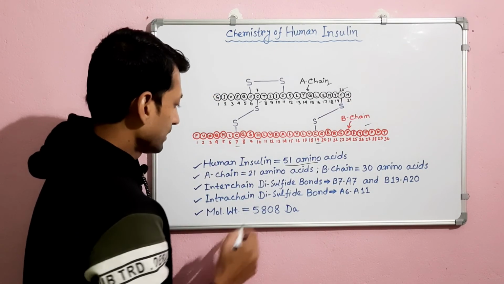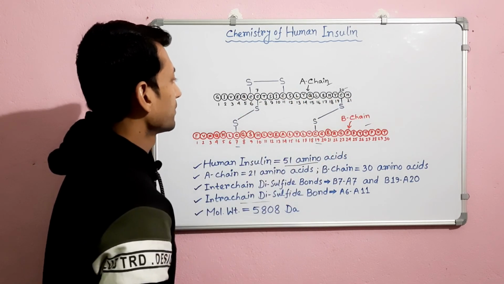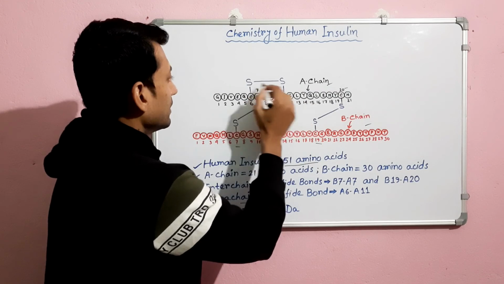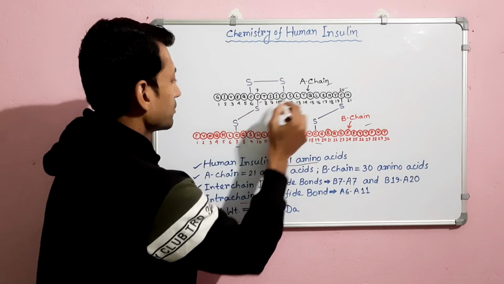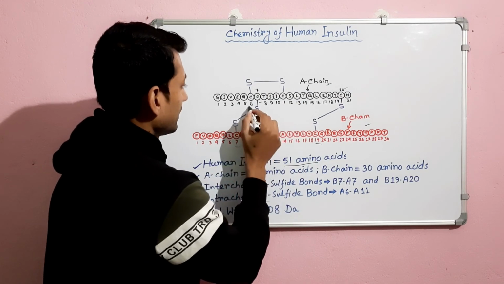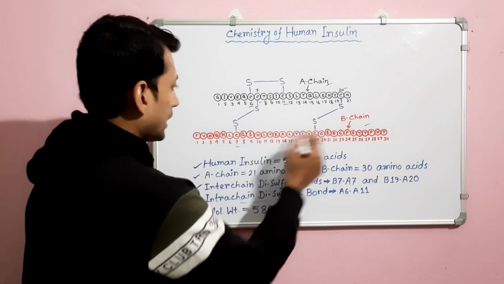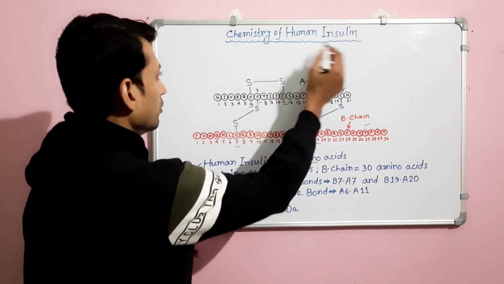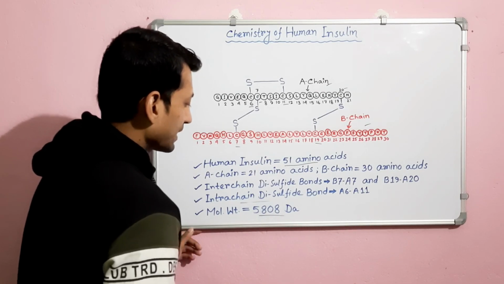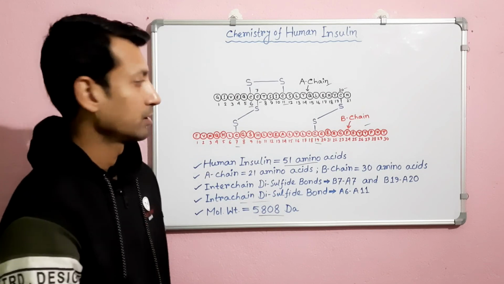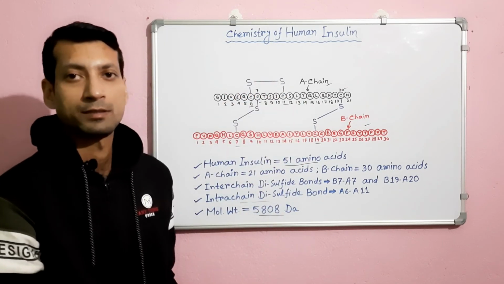There is another intrachain disulfide bond in the A chain, and this intrachain disulfide bond is also created between the cysteine residues at the position A6 and A11. The molecular weight of a mature human insulin hormone is about 5808 Dalton. So this is the chemical structure of human insulin.